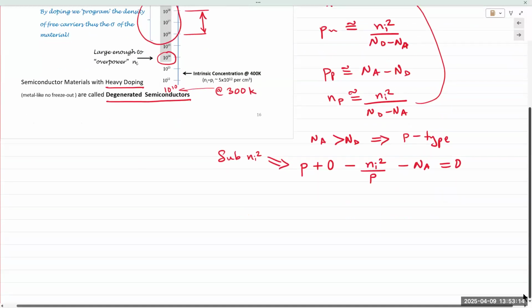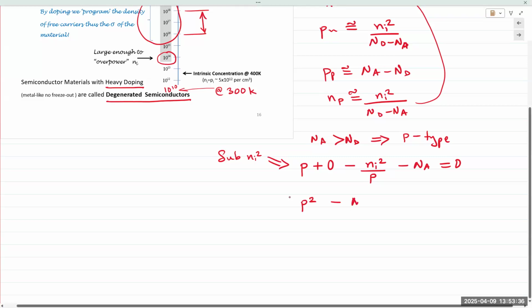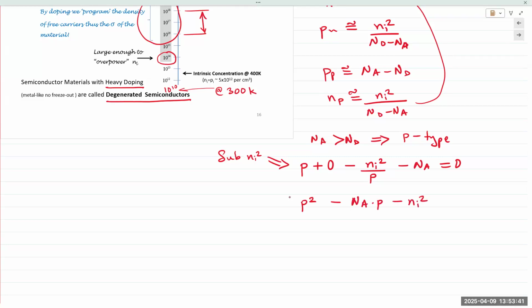Now we have Ni square, we have Na given to us, and we have only one unknown variable, that is P. So we can write P square minus Na times P minus Ni square is equal to 0.